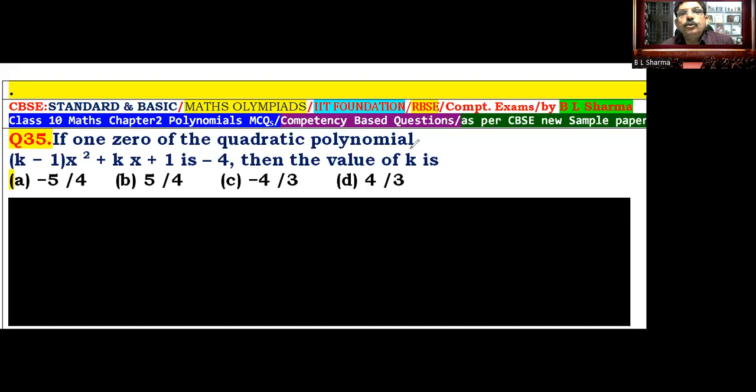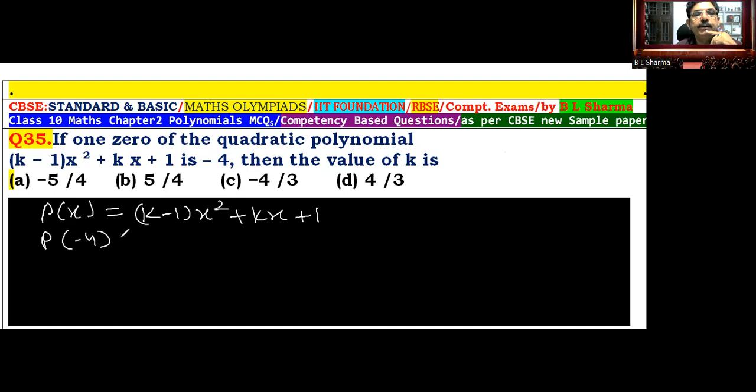If one zero of the quadratic polynomial is -4, then the value of k is? We know that when we replace the value of x by -4, the value of the whole polynomial will become 0. Let the polynomial p(x) be (k minus 1)x square plus kx plus 1.